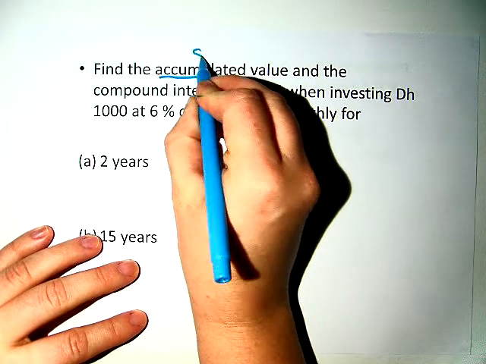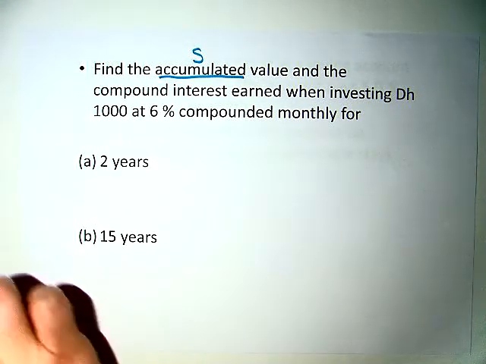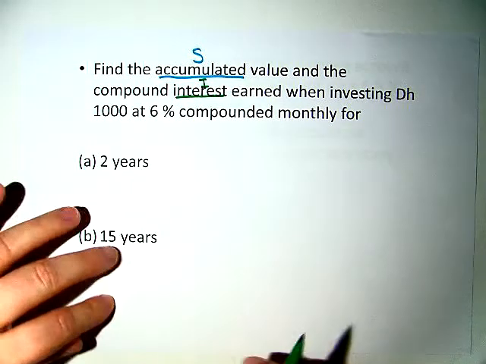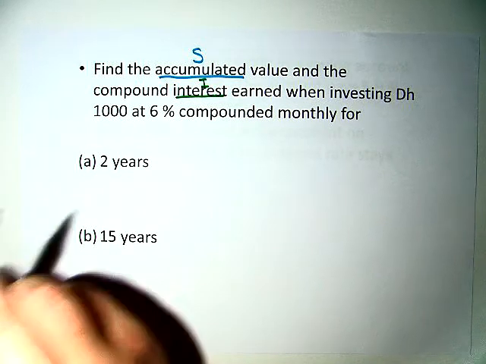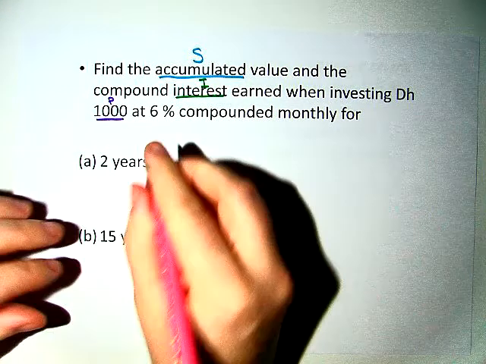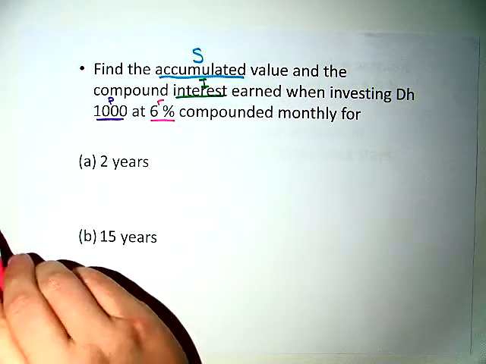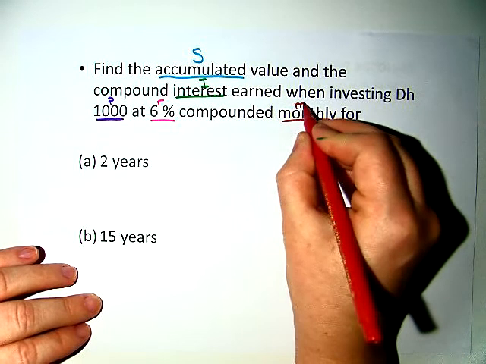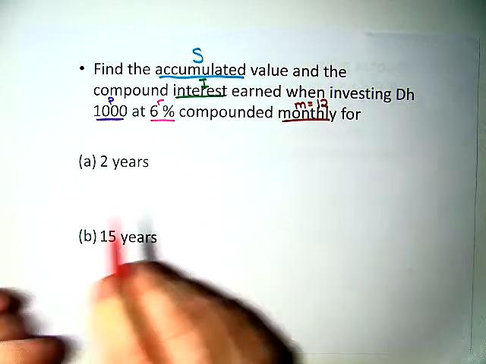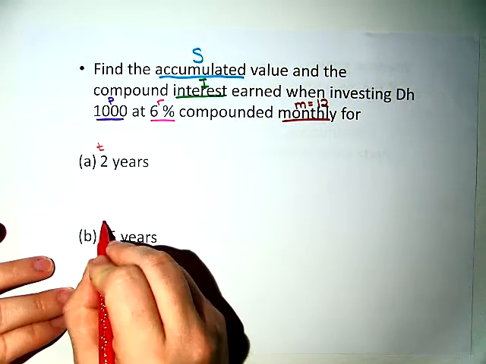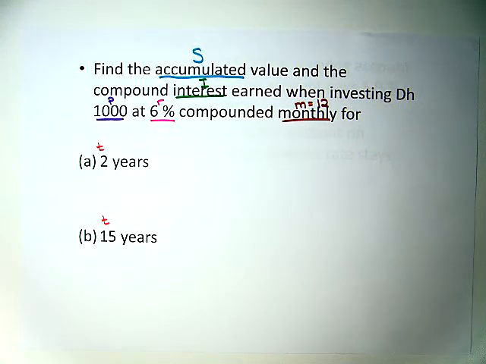All that means is they're going to ask for S. And the compound interest, so they're going to want I, earned when investing 1,000 dirhams, that's my P, at 6%, my rate, compounded monthly. So that means that my M is 12. And now it gives us 2 different times. The first time is 2 years and the second time is 15 years.